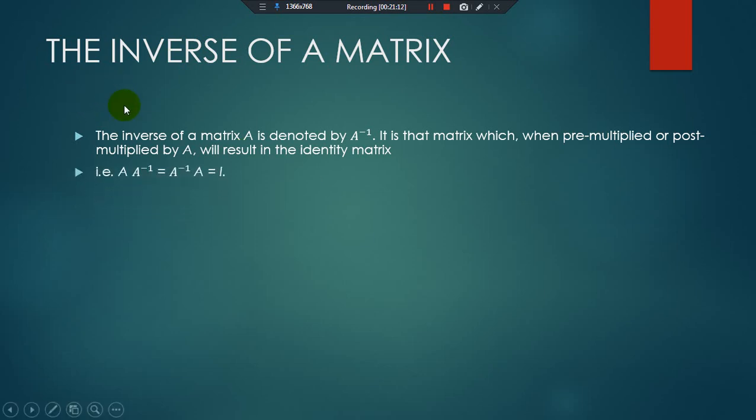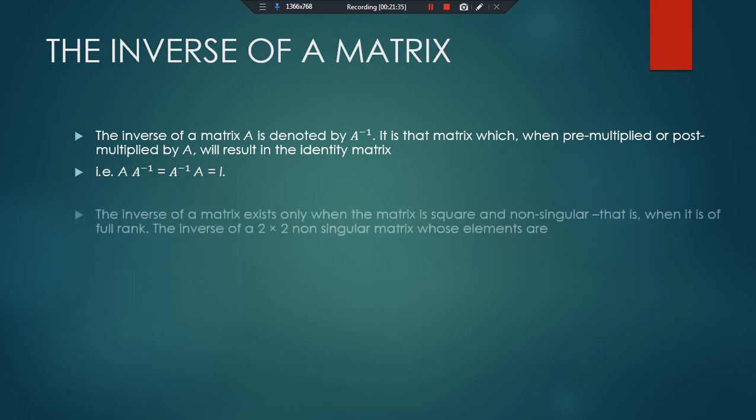So if you have a matrix and its inverse, and you multiply the original A matrix with this inverse, the answer will be the identity matrix. And in the identity matrix, except for the leading diagonal, everywhere is 0, and the leading diagonal is 1, 1, 1.